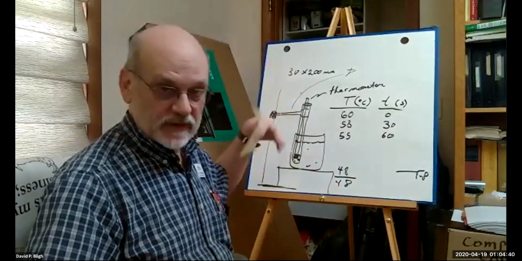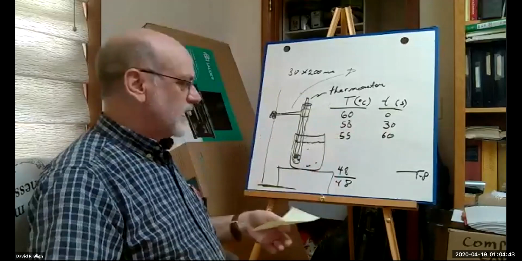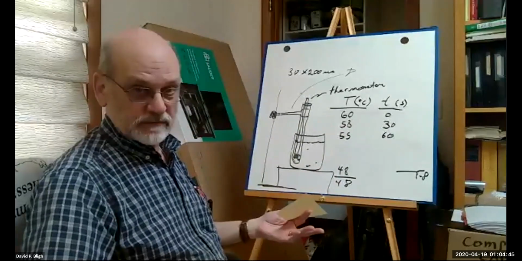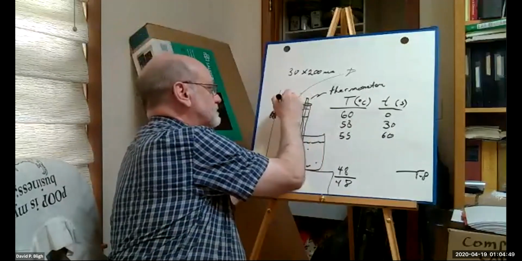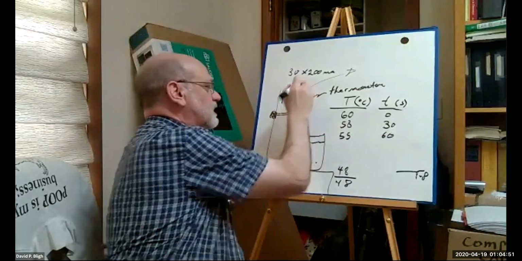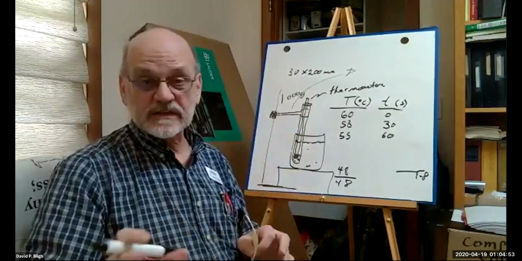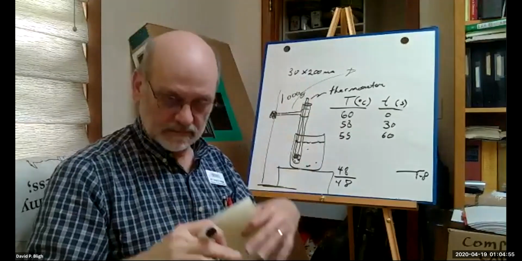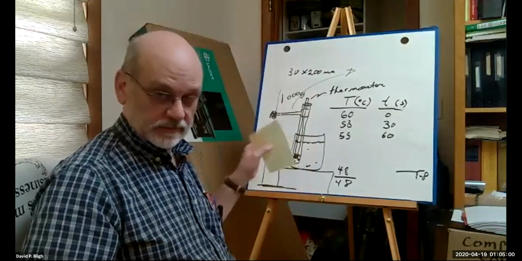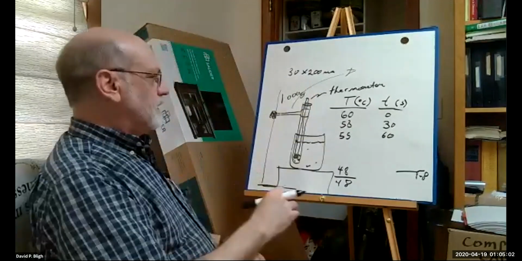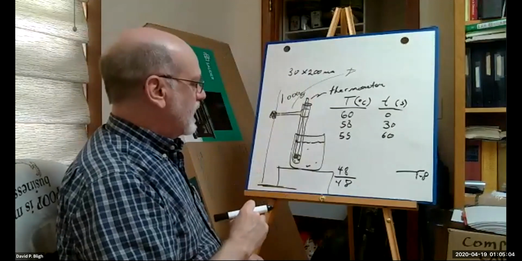You get to weigh out the benzoic acid. And the benzoic acid, you don't need as much, right? So maybe 1 gram is enough. Right? The data sheet that I gave you will tell you exactly what mass it is. Mass for both of them. And then you submerge it.